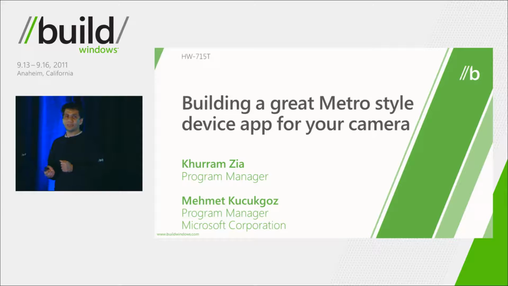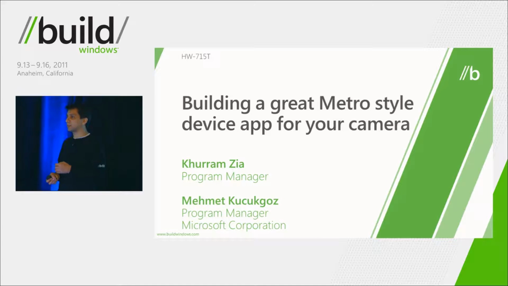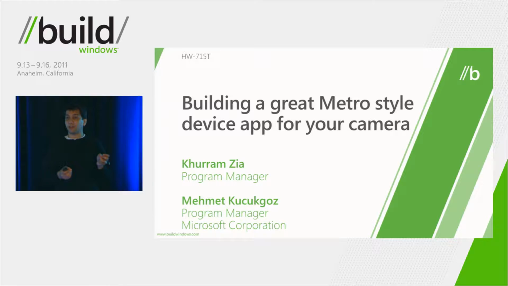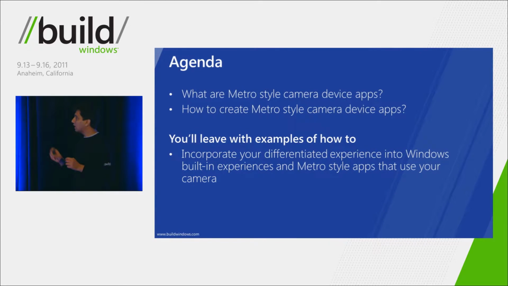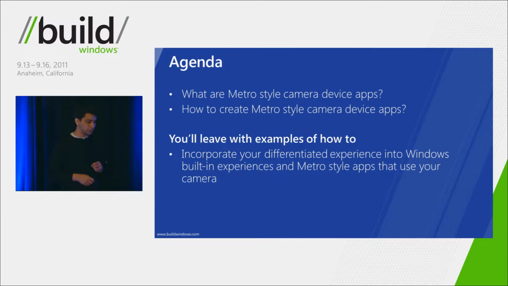So in case you missed the keynote demo, Mike Angelo was setting up his user tile or his account picture, and he jazzed it up before setting it with some cool effects that were only available for that particular camera. So if he had switched to a different camera and pressed the same button, those effects would not have been there. And that is the differentiation opportunity that we are going to discuss in today's session.